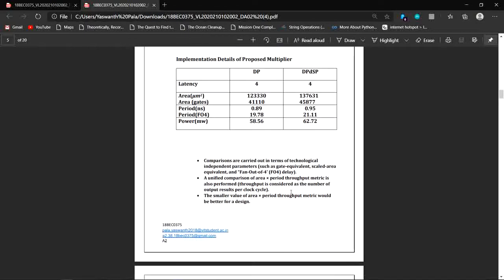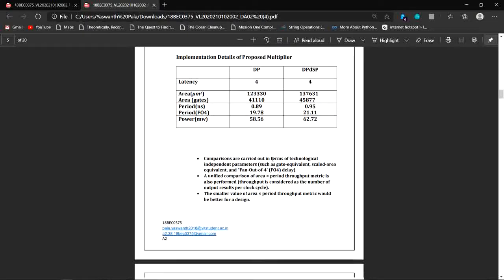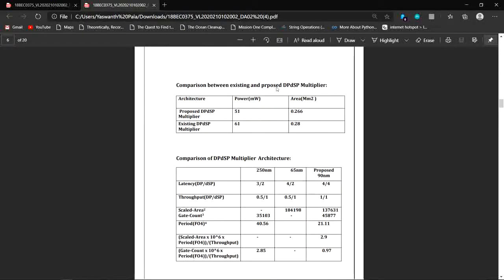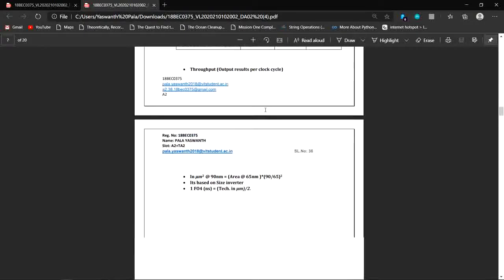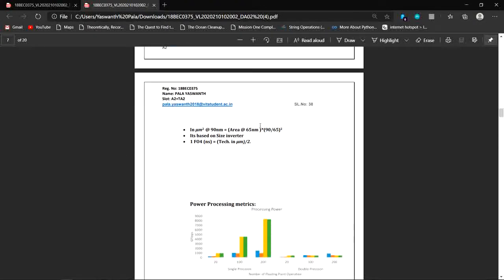The comparison is made between DP and DP DSP, the two modes, and between the existing and the proposed DP DSP regarding the power and area of the multiplier. At the particular area selected in the multiplier architecture, how it affects the other parameters in the ultimate output is clearly shown. The basic calculations are shown here.